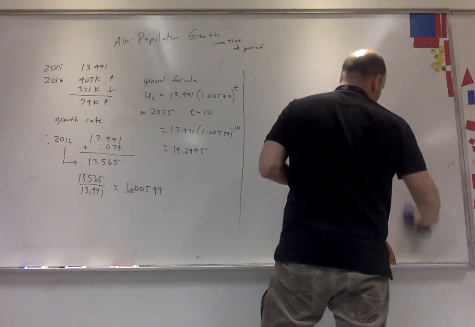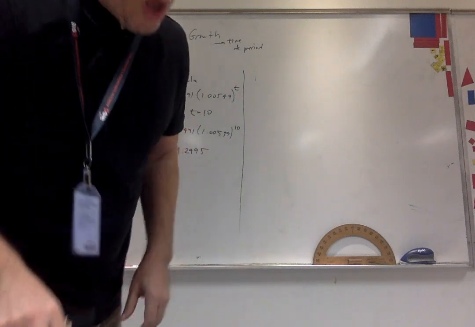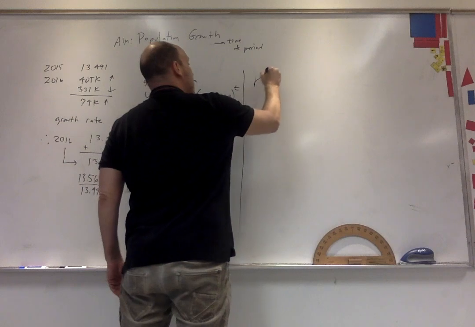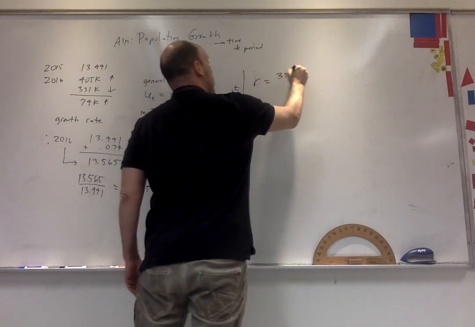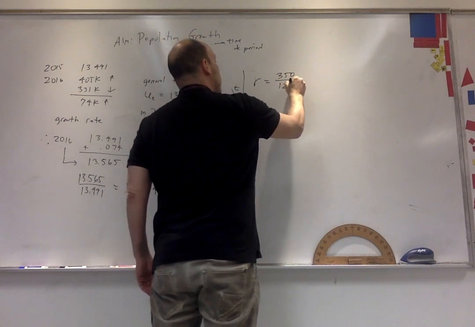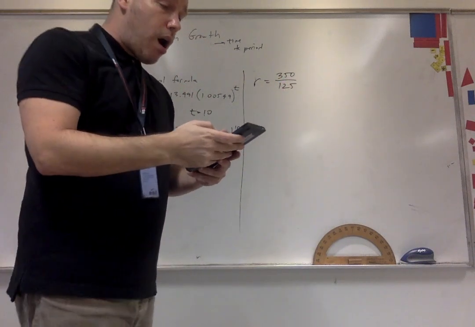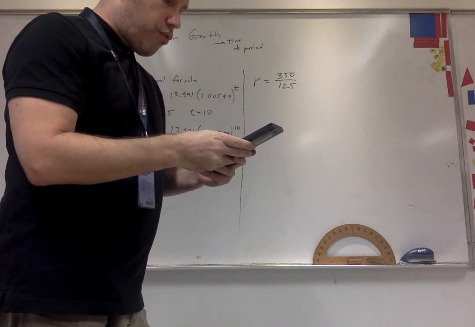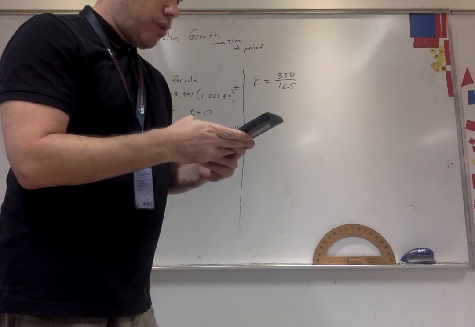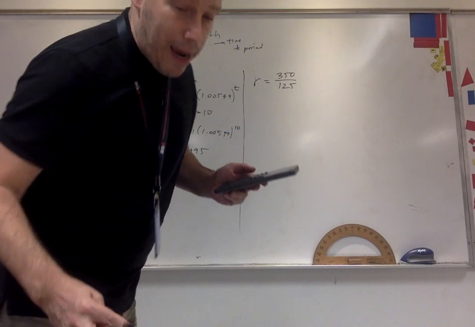Same idea. And once again, some of you might be doing this in your biology class. So you're like, okay, the first thing is the first rate is 350 divided by 125. Then you get your calculator, turn it on. 350 divided by 125, and it's 2.8.